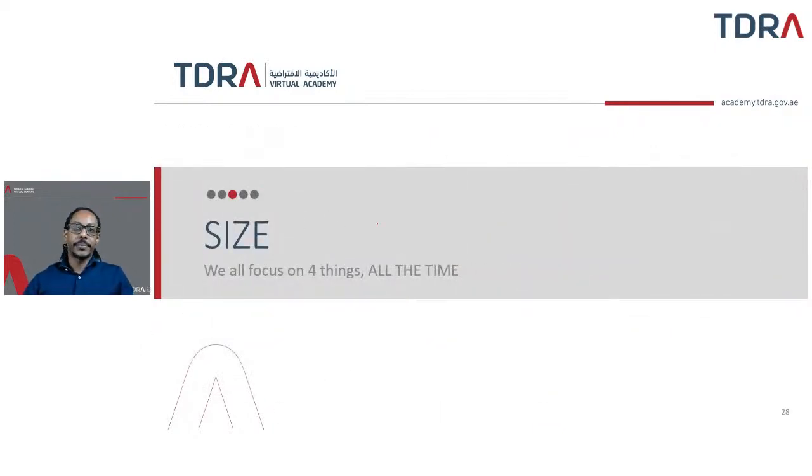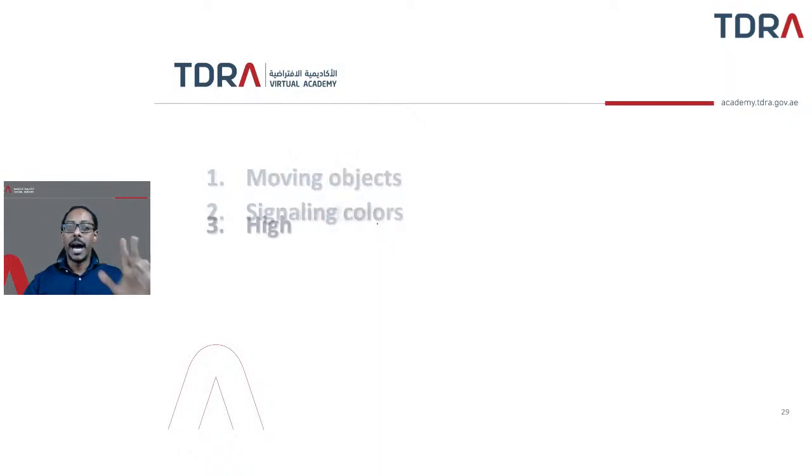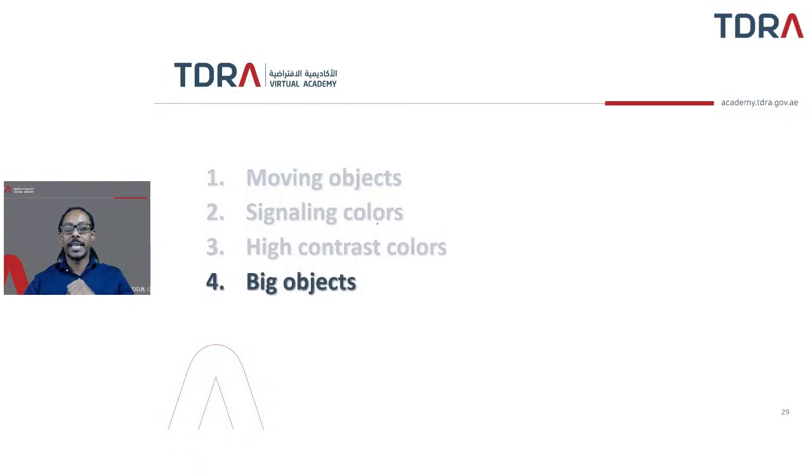Number three, size. Believe it or not, all human beings focus on four things all the time. These four things are moving objects, signaling colors, high contrast, and big objects. Let's put it in an example. When you're driving on the road, what grabs your attention is the advertisements.